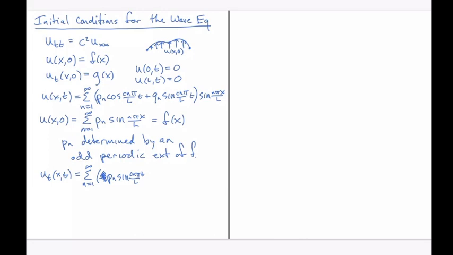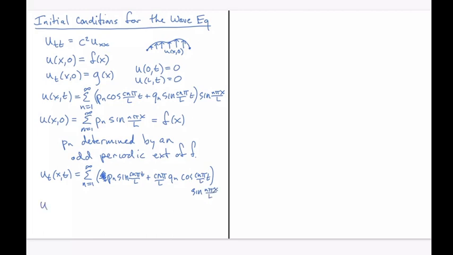So I'm not going to spend too much time writing all the details, but on this one we have a plus Cn pi over L Qn, and then this is going to become a cosine of Cn pi over L times t, and that gets multiplied by a sine n pi x over L, which is unaffected by a time derivative.